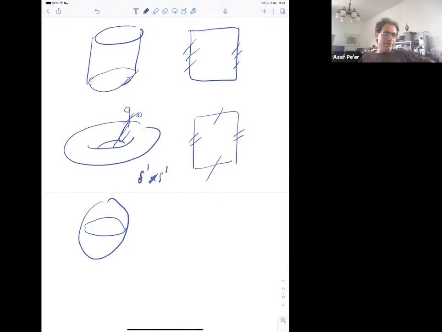So again, you already did it in your homework, right? So if I take a 2 sphere, then the metric would be ds squared is a squared d theta squared plus sine squared theta d phi squared, right? That'll be kind of the standard metric.